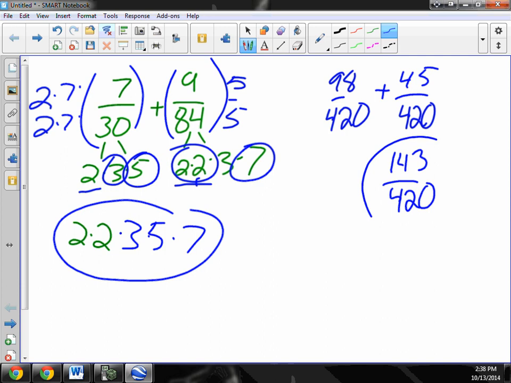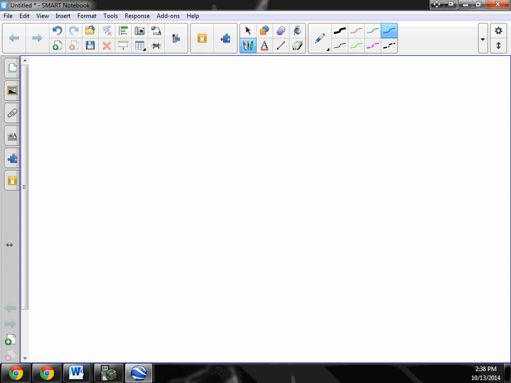Is it possible that this would simplify? Could it ever simplify? Yeah, it could. For instance, let's look at 1/6 plus 1/12.